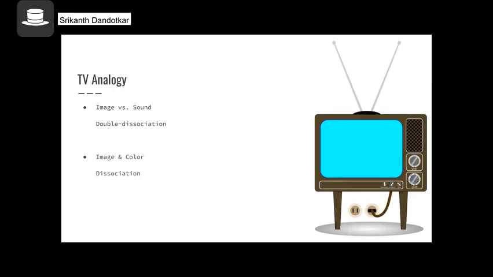Okay, a better way to understand this double dissociation and single dissociation difference is to think of the TV analogy. Now, just imagine, can you have only image in the TV and no sound? Well, it's possible, right? Can you have only sound but no image? Well, that's also possible.